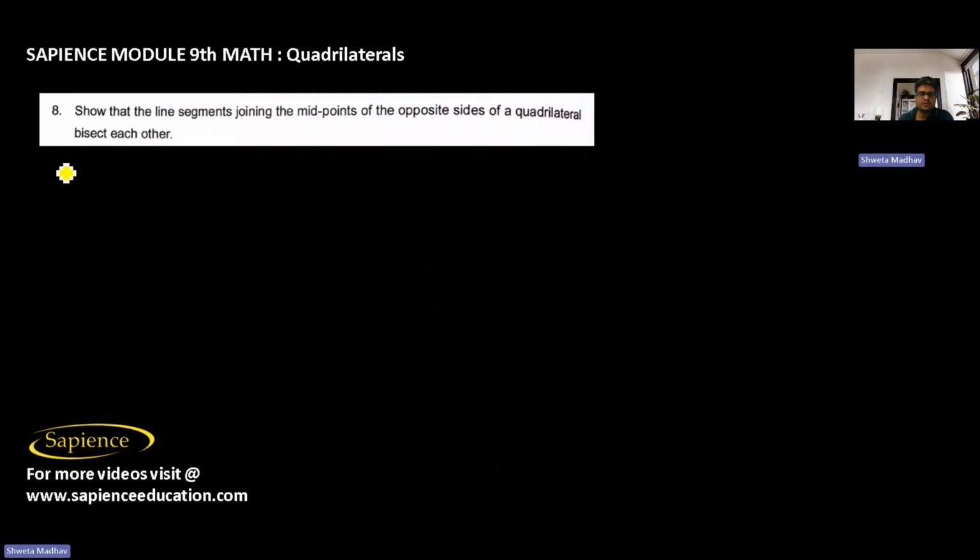Then here it is told in question number 8 to show that the line segments joining the midpoints of the opposite sides of a quadrilateral bisect each other.